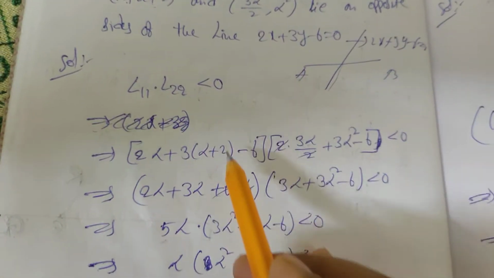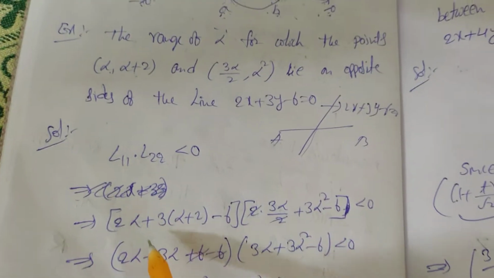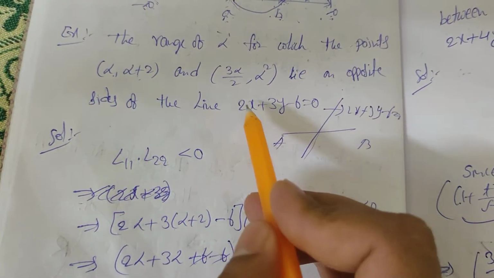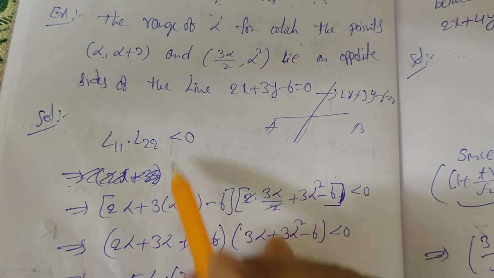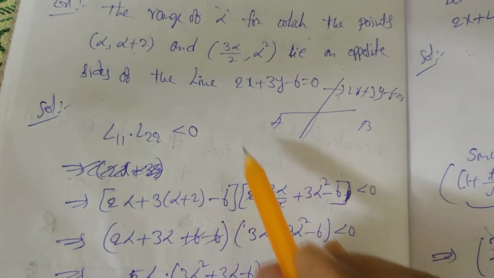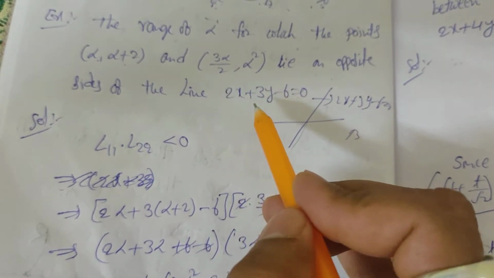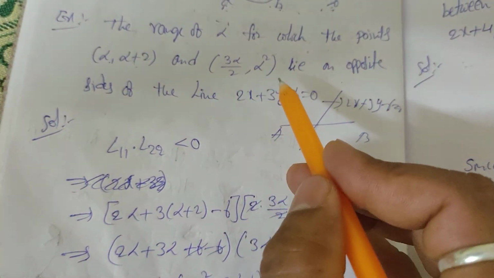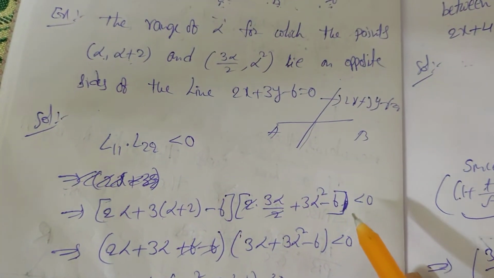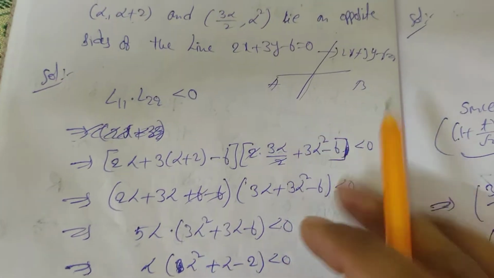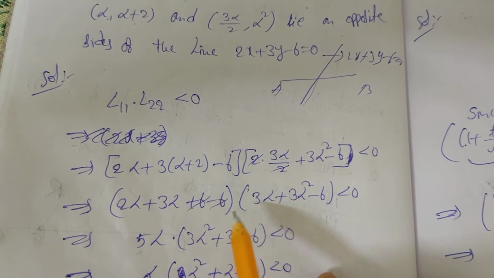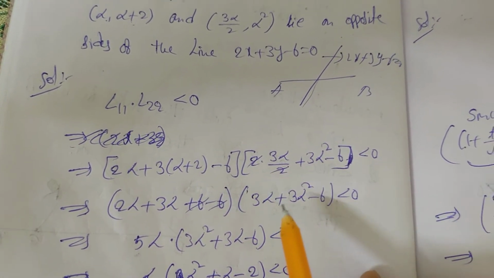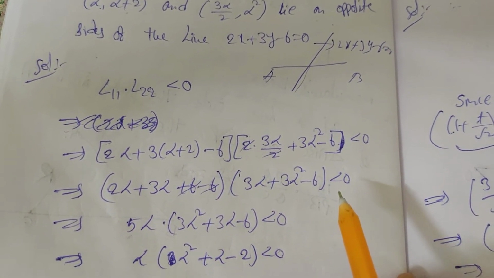So L1 into L2 less than 0 means, in the place of x substitute alpha, in the place of y substitute alpha plus 2. So (2 alpha plus 3 into alpha plus 2 minus 6) into (2 into 3 alpha by 2 plus 3 into alpha square minus 6) is negative. Simplify: 2 alpha plus 3 alpha plus 6 minus 6, into, the 2 gets cancelled, 3 alpha plus 3 alpha square minus 6, less than 0.